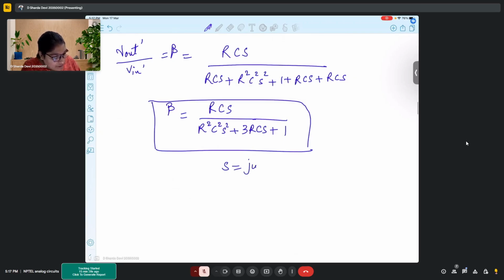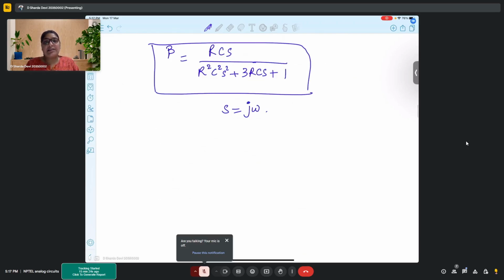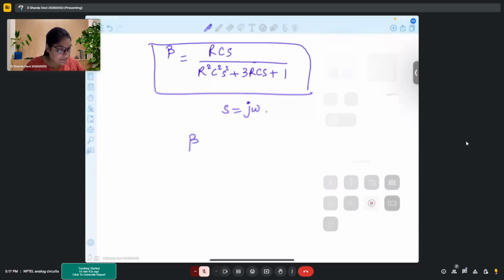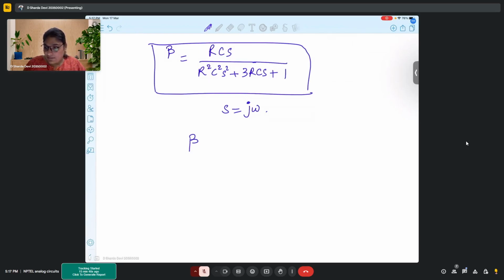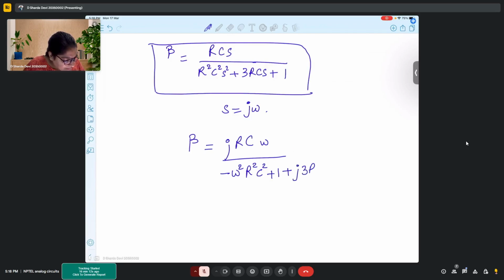If I substitute S equal to J omega, just to separate the real and imaginary parts in my transfer function, that's why I'm doing this particular thing where I'm substituting J omega in place of S. Because of that, my beta becomes JRC omega upon 1 minus omega square R square C square plus J 3RC omega.